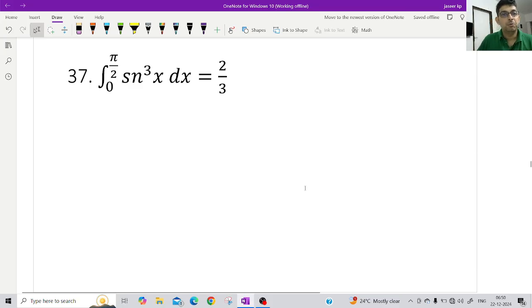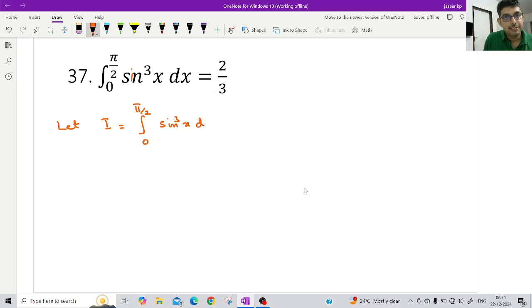0 to pi by 2 sine cube x dx. So we'll take this as I equals integral 0 to pi by 2 sine cube x dx.